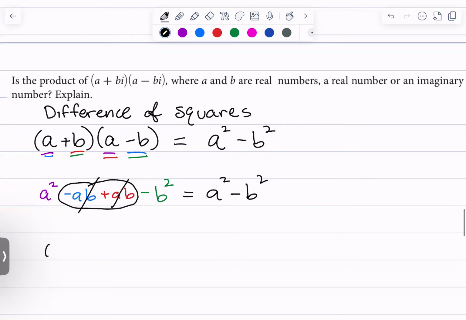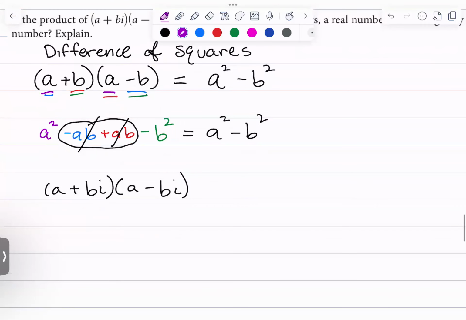So if I had a plus bi times a minus bi, if I multiply this out, a times a is a squared, a times negative bi is negative abi, bi times a is positive abi, bi times negative bi is negative bi squared, right?